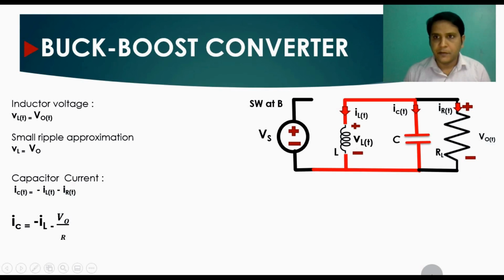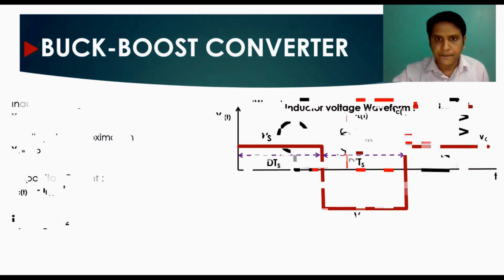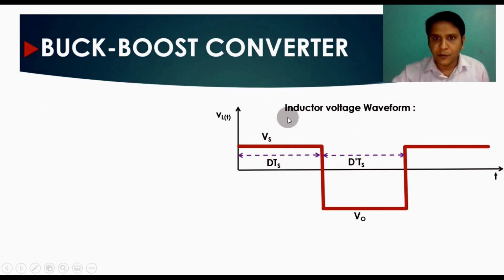So now we have the voltage across the inductor when your switch is at position A and B, and the capacitor current when your switch is at position A and B. This is the inductor voltage waveform.